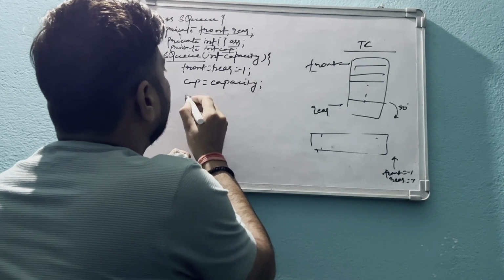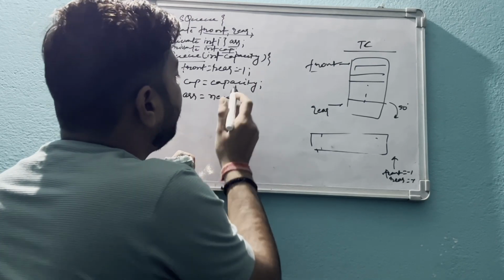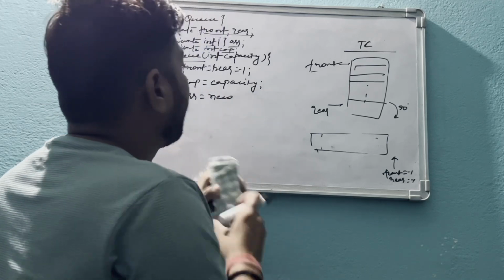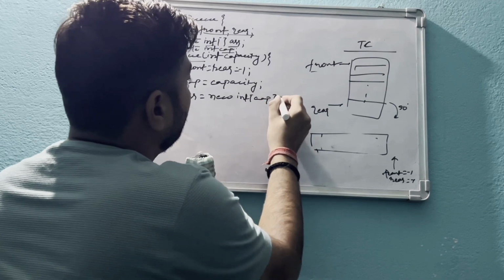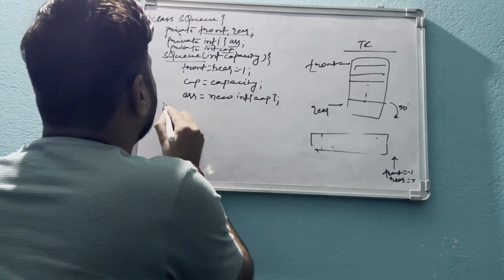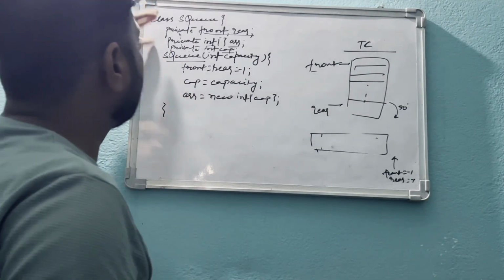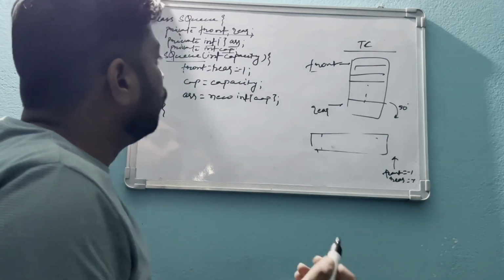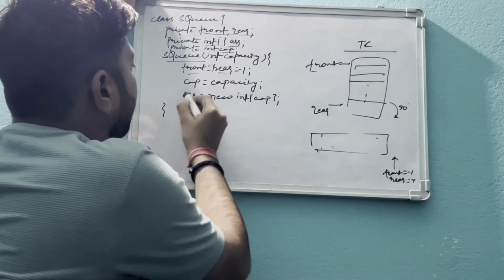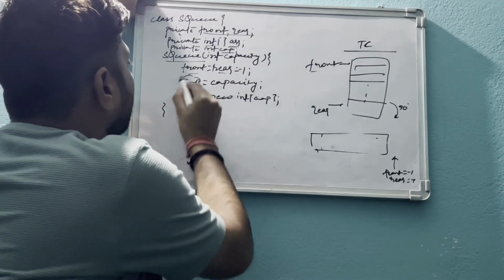For our integer array, we need to assign some memory, that would be int of cap. So this is enough for our constructor, since now we have our queue ready with the initialized values of front and rear, and an array with capacity, which we're calling cap.